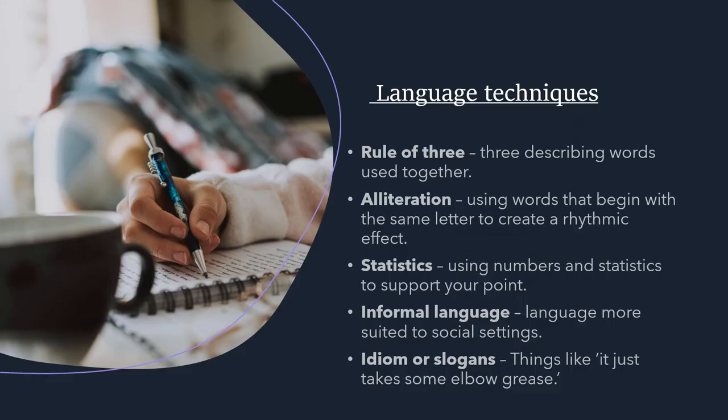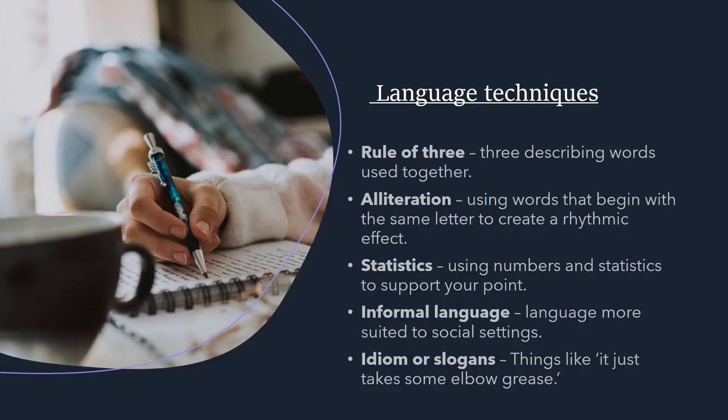So these are some language techniques that you could be using. We have rule of three, which is when we use three describing words. For example, you could say someone is smart, funny, and kind. So three words that emphasize the feeling that you're trying to get across. This doesn't really work well if you have three words that have a slightly different meaning.